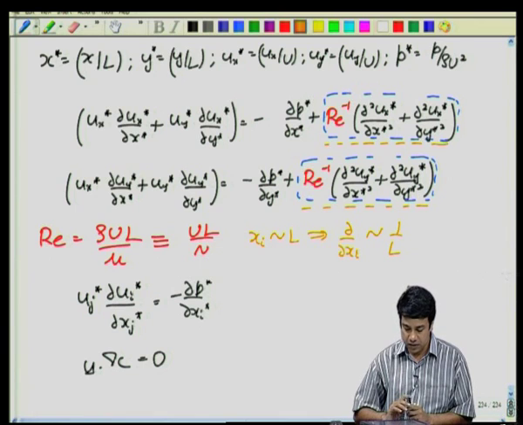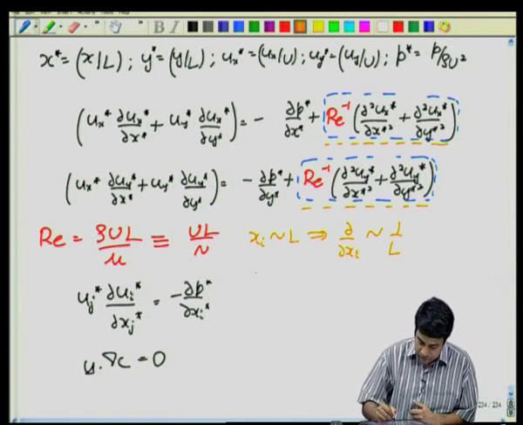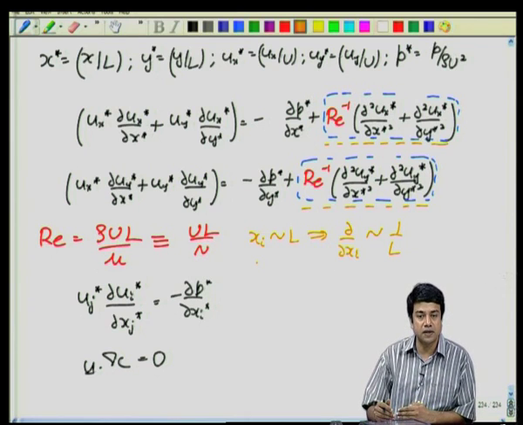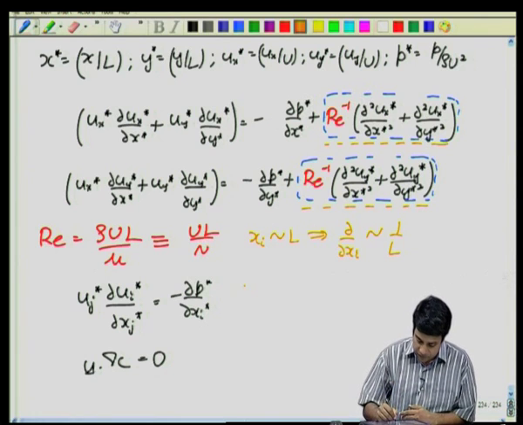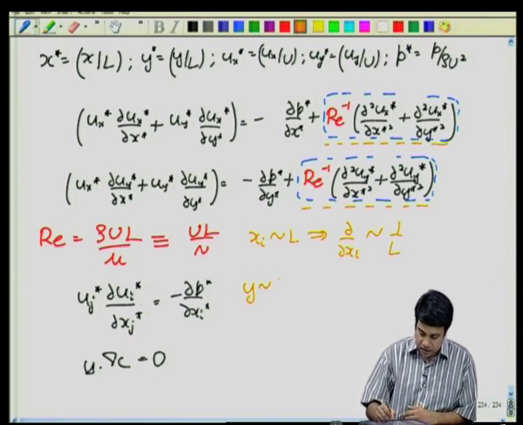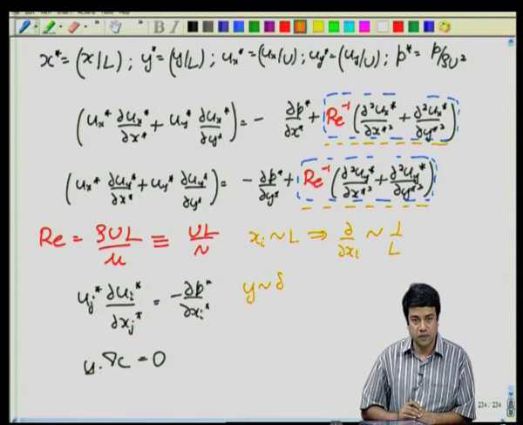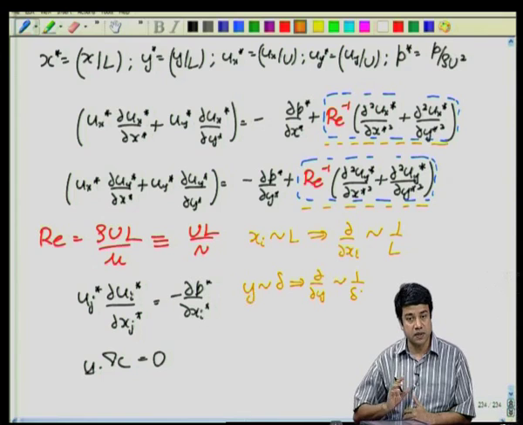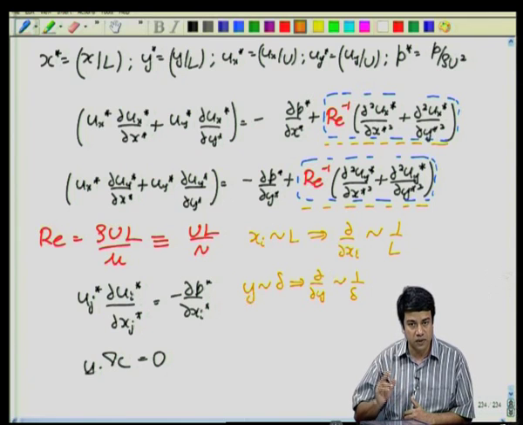For example, in this particular case we are interested in diffusion perpendicular to the flow. So, if the length scale for the y direction is some length delta which is smaller than L, it will imply that partial by partial y goes as 1 over delta, which is much larger than 1 over L. And I have second derivatives on the right hand side with respect to the y coordinate.